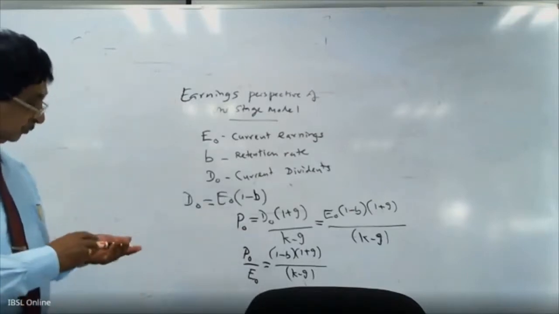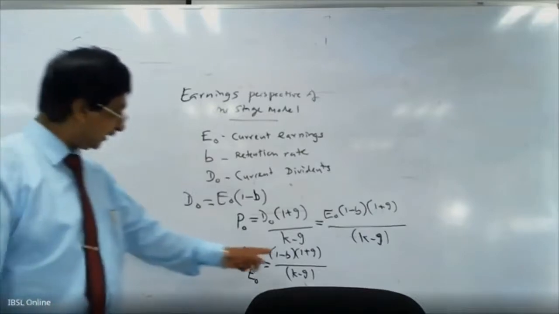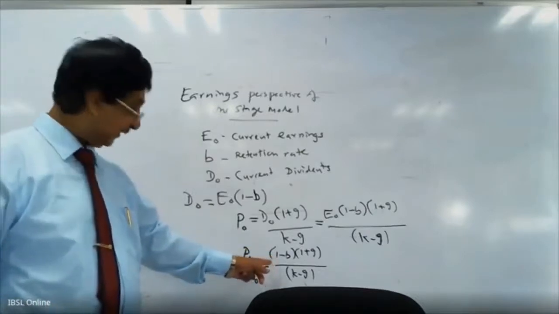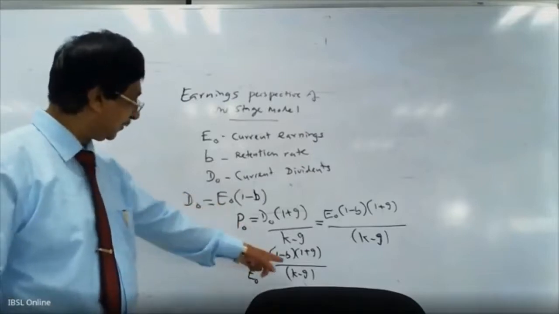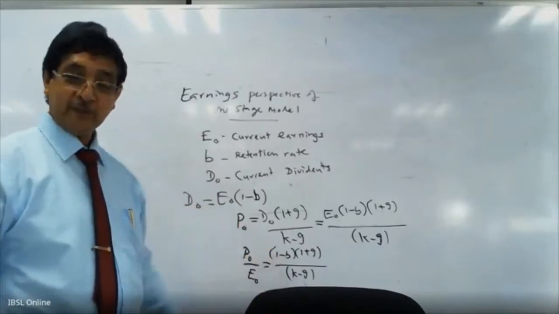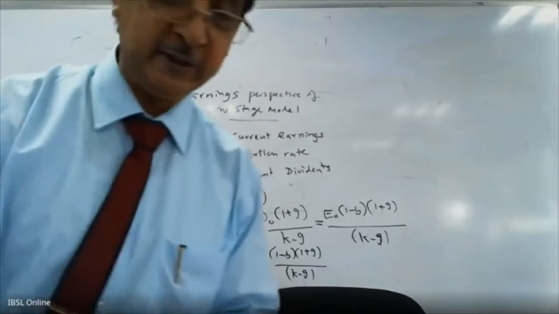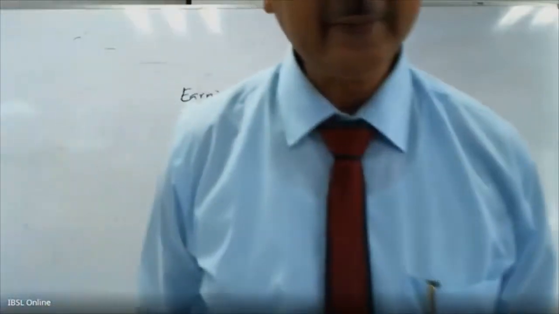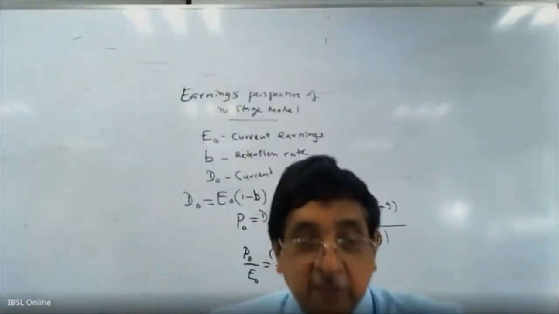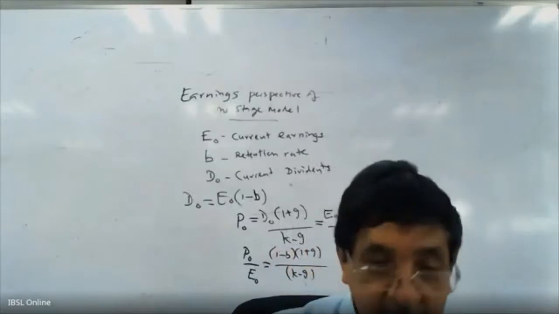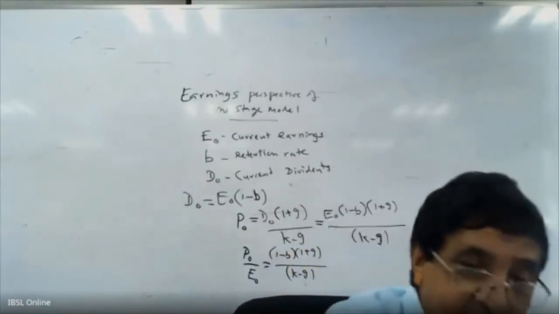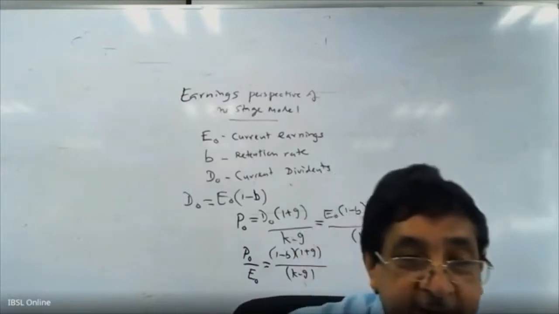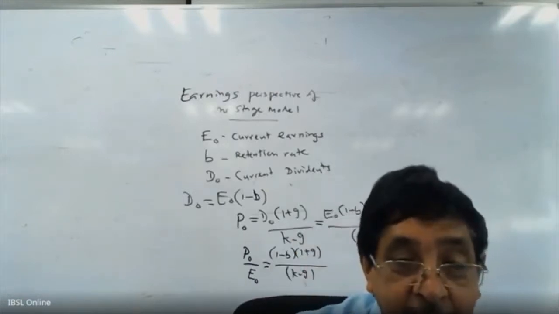And if you want to replace 1 minus B, there's another way of doing it. You can put it as D0 divided by E0. That is what was explained in the lesson. I think that is understood, and you can see why we have taken this earnings aspect into consideration.